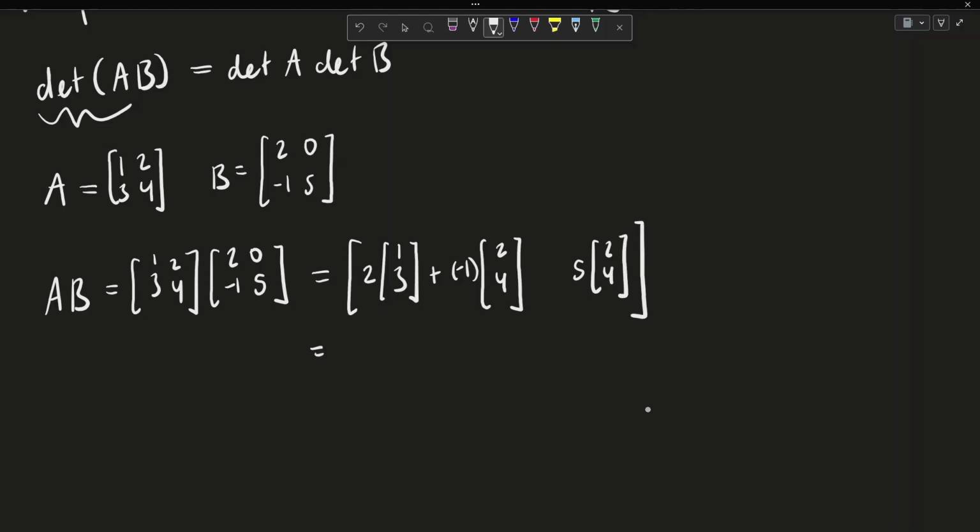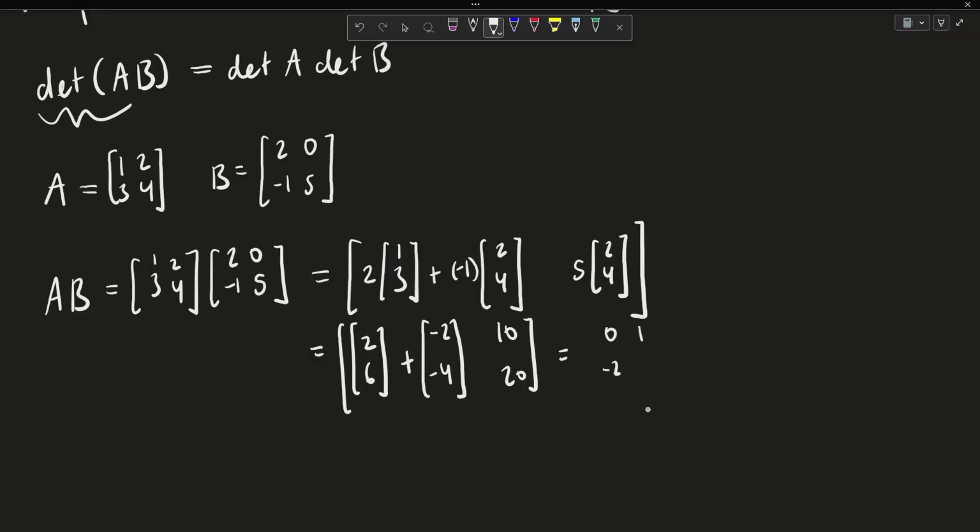And so we find that this is equal to 2, 6, plus -2 and -4. The second column is simply 10, 20. And this in sum is equal to 0, 2, 10, 20.